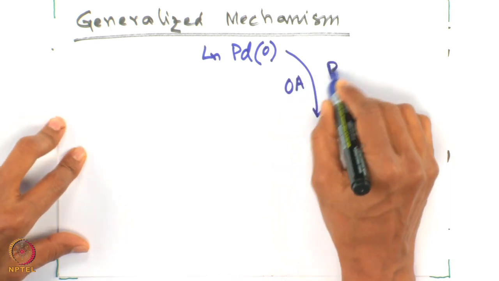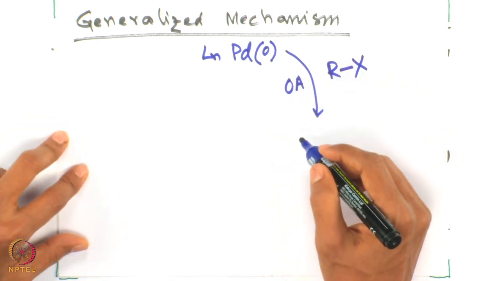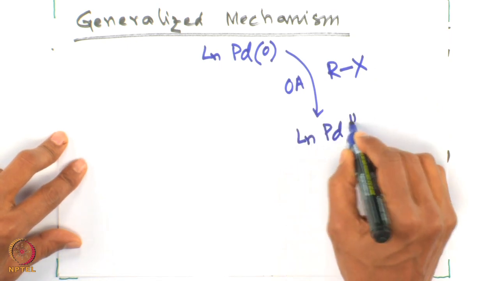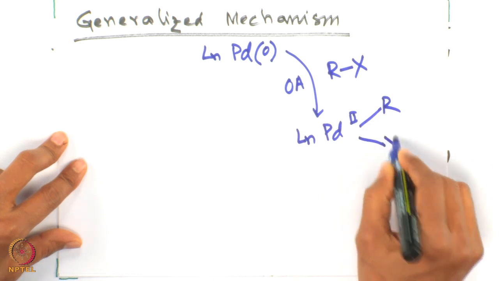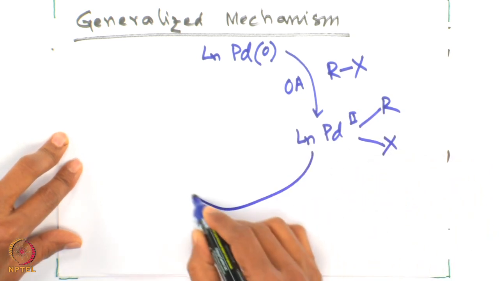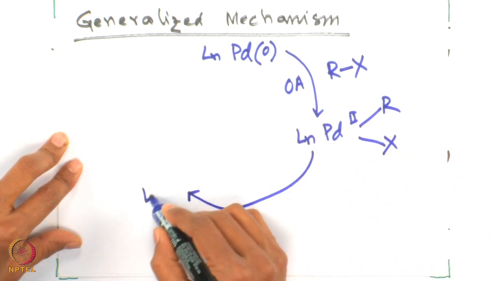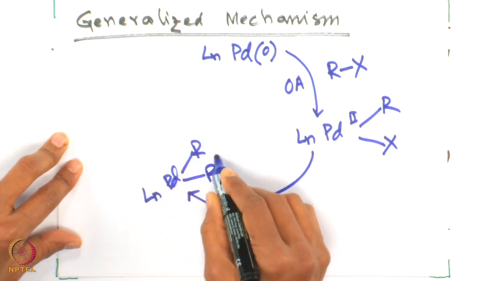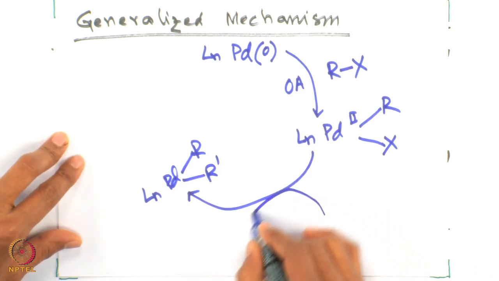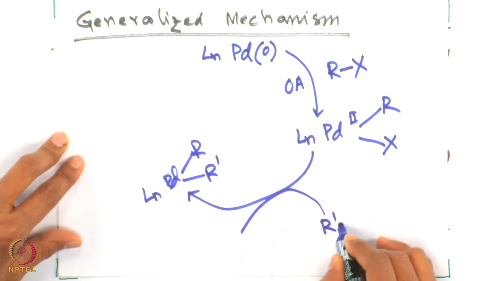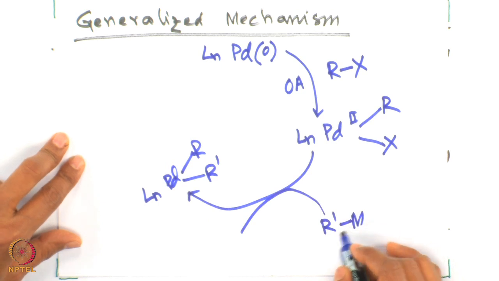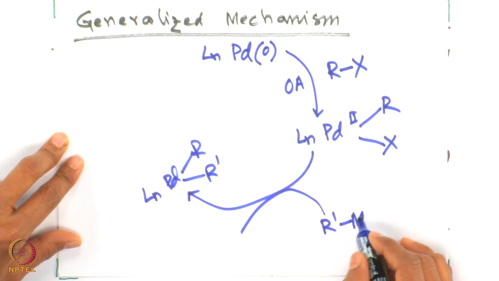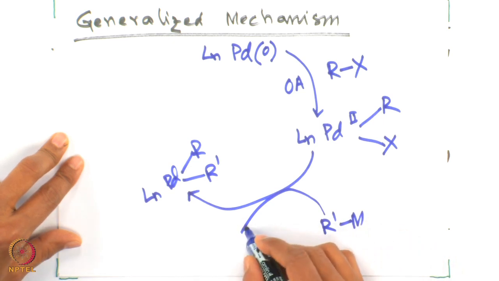The mechanism: oxidative addition is the first step, with RX, to give a ligand palladium intermediate, L n Pd, where R and X are attached to it. From here we get L n Pd R R prime, where R prime is coming from the transmetallating reagent, that is, an organoboron reagent, organolithium, magnesium, organotin, organozinc or organosilicon reagent.